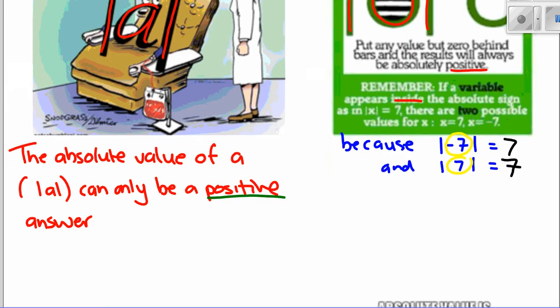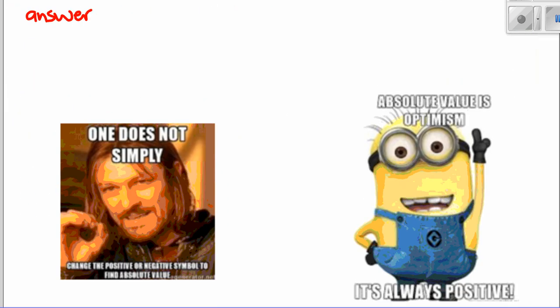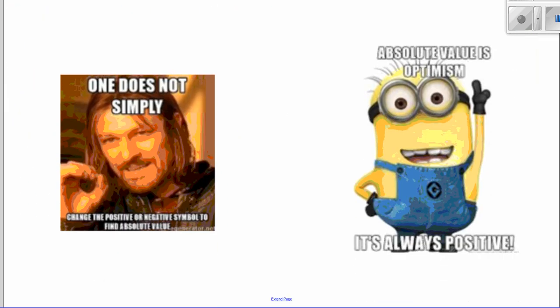And this is a little important point. One does not simply change the positive or negative symbol to find the absolute value. So if you do the absolute value of negative 3, of course that equals 3. A common mistake is that people think the absolute value of positive 3 is negative 3. It's not the case. It always is a positive answer.